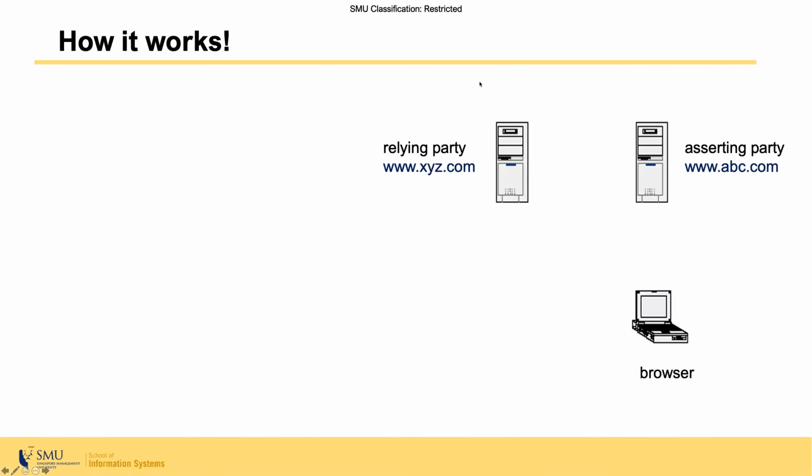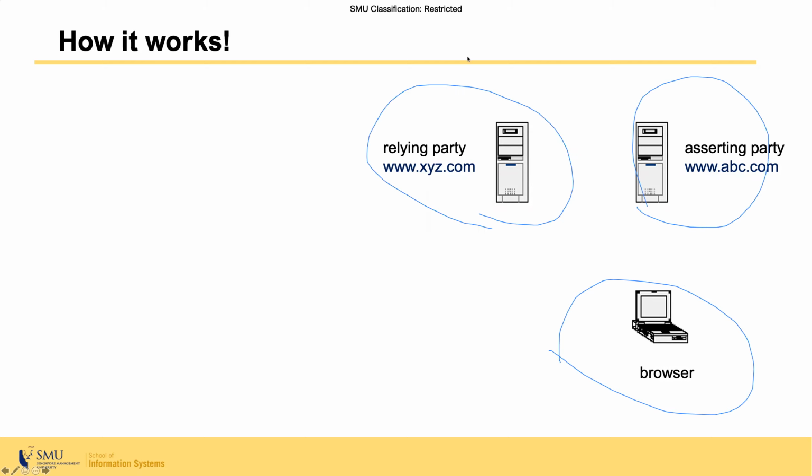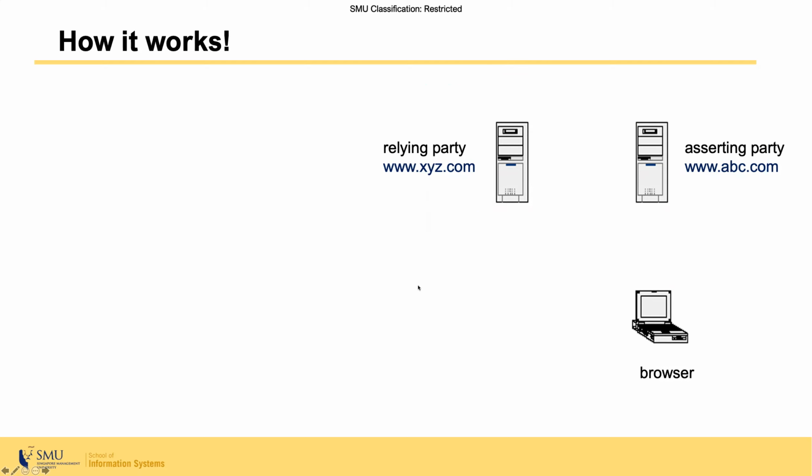So let us look at it in a nutshell. This is how the SAML protocol works. So the same thing here. We have the browser, which is used by the human user. There is an asserting party, a server, and there is a relying party. So how does it work?